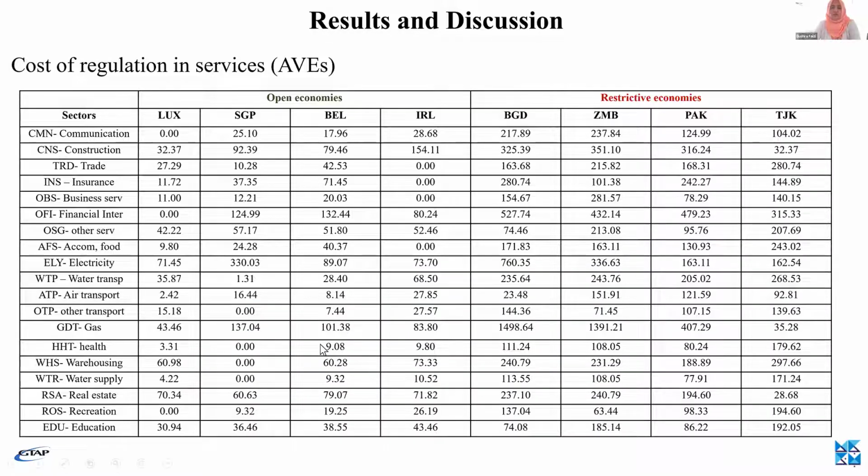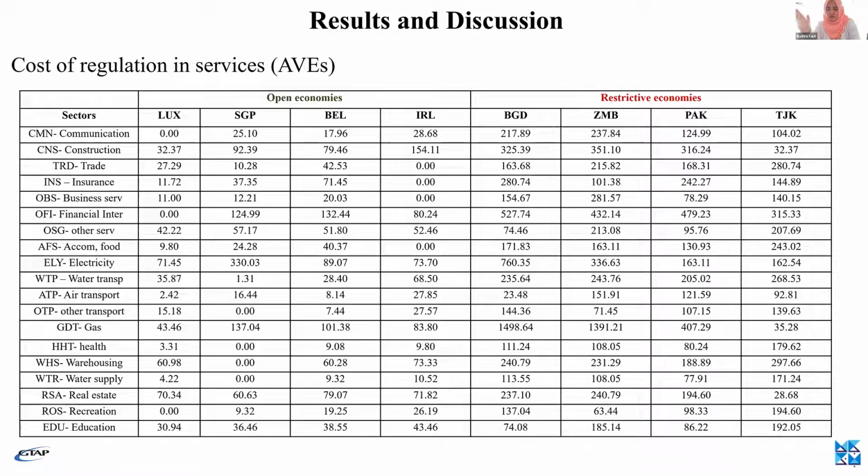Okay, so what we did was, after calculating, again, there are a lot of countries and sectors, 19 sectors and 121 countries, so we get figures for every sector, every country. Then we made 2 tables, the top 10 open economies and the top 10 restrictive economies, based on the ranking of AVEs.